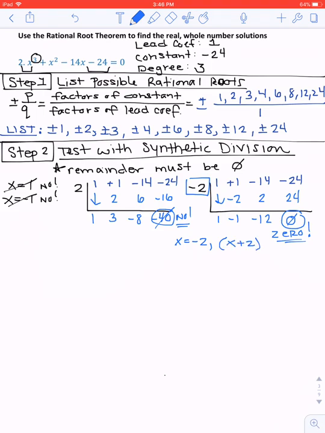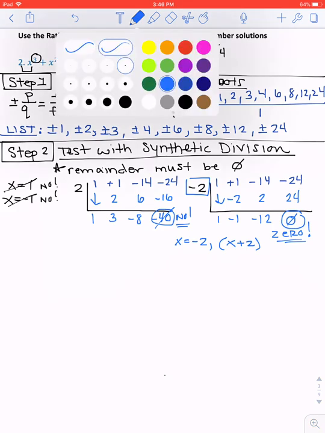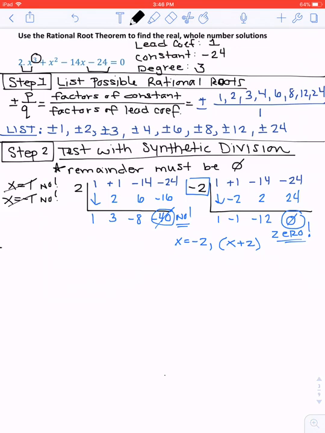X plus 2. Okay, like I said before, once you find one 0, you do not keep going until you do step 3. What is step 3? Rewrite in factored form.